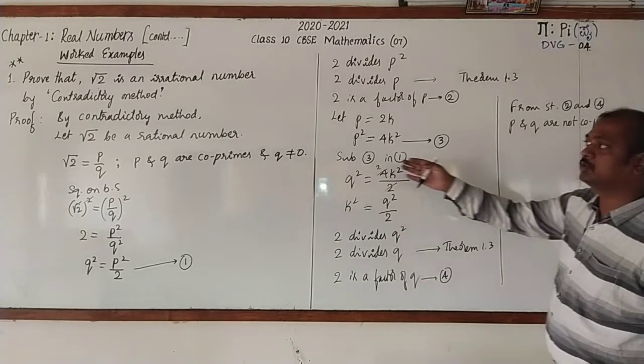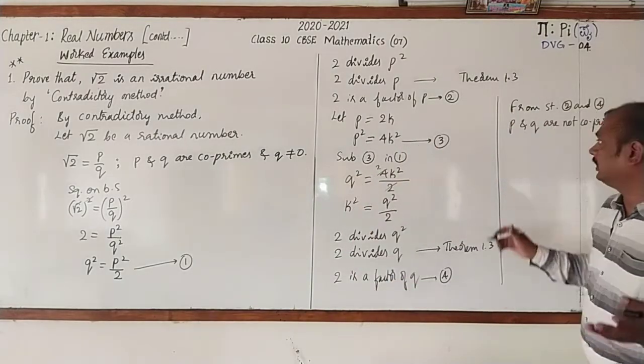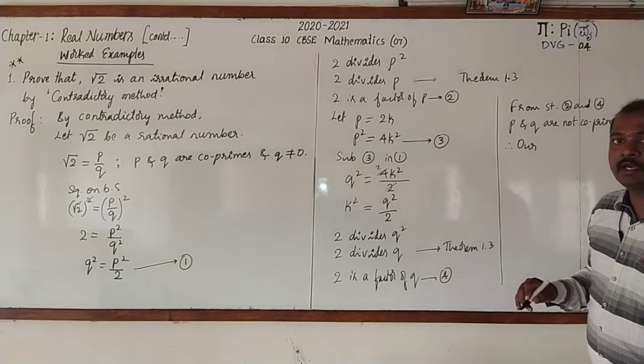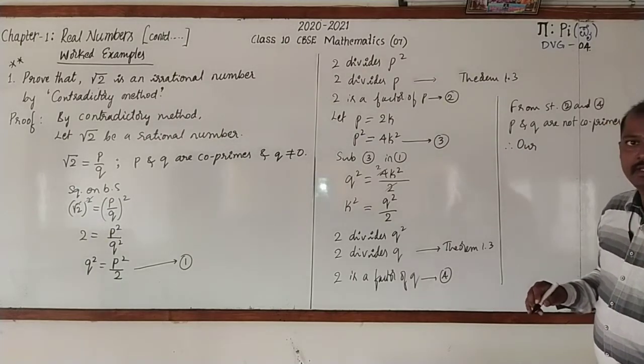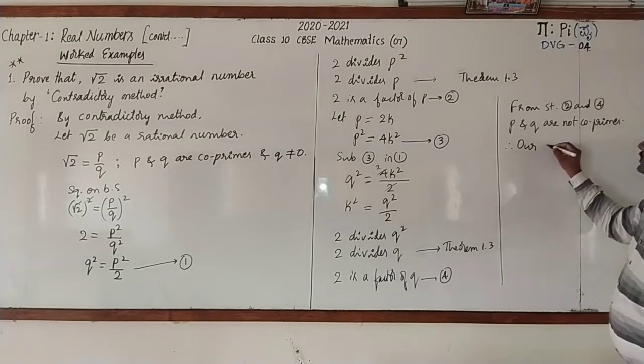But what have we assumed? We have assumed that p and q are co-primes, right? Therefore, our assumption is, what do you say? Whether it is correct or incorrect? It is incorrect, or it is false. Therefore, our assumption is wrong.